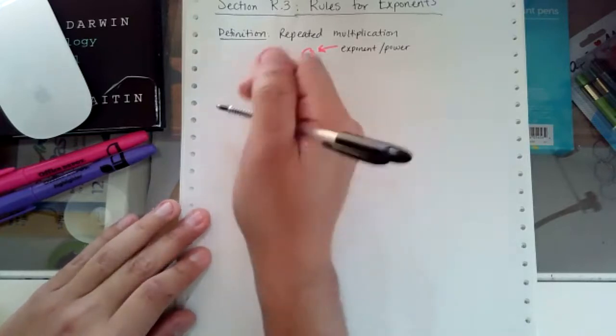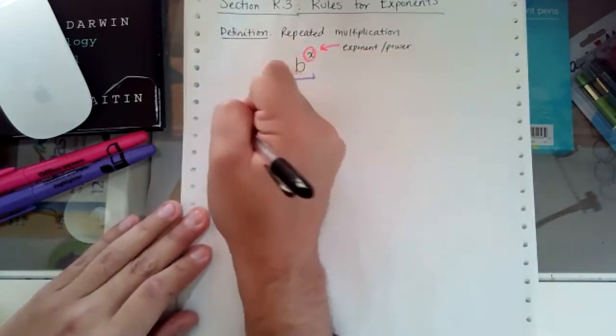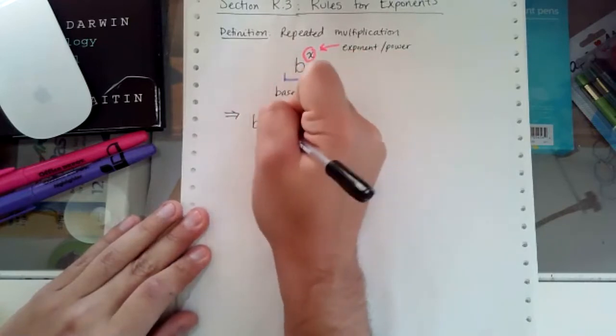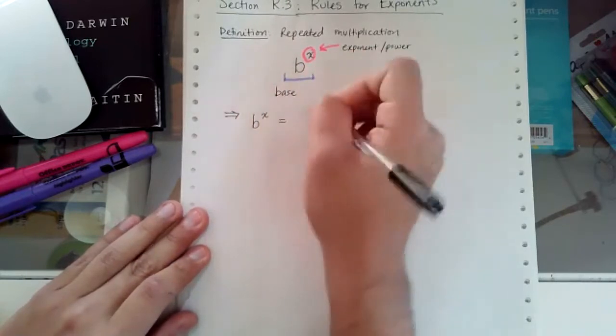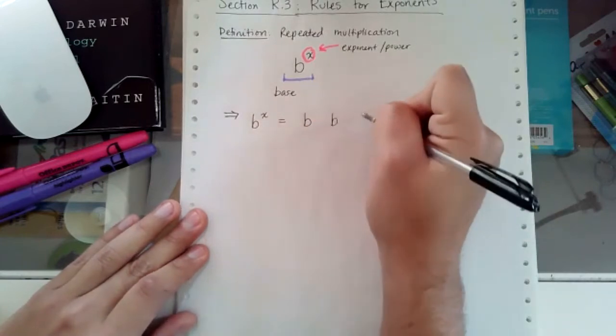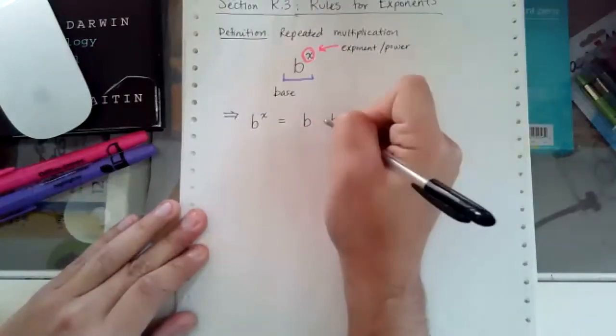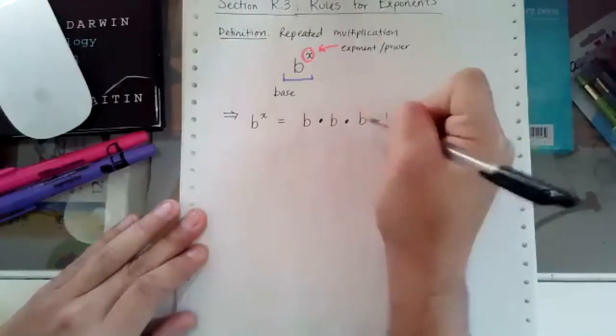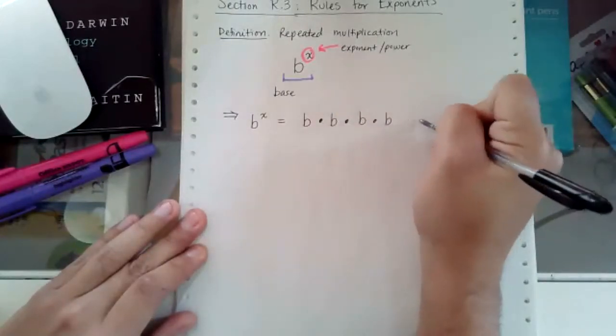And basically what this is telling you is that b to the x means that we're going to take the base b and write it over and over again, but we're going to multiply those bases, dot, dot, dot.